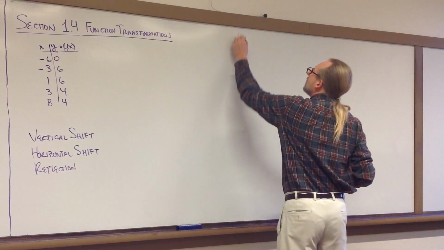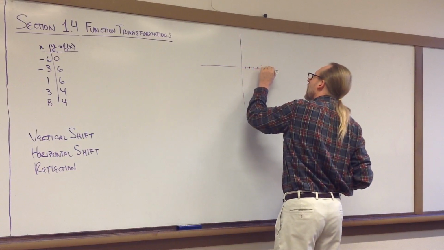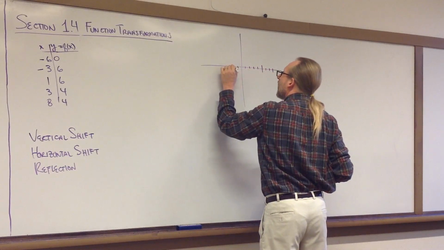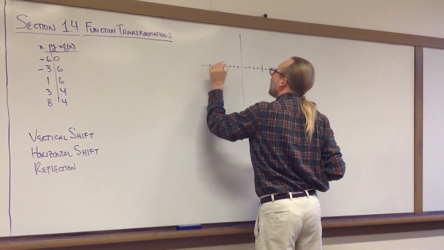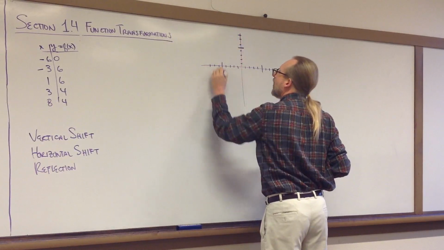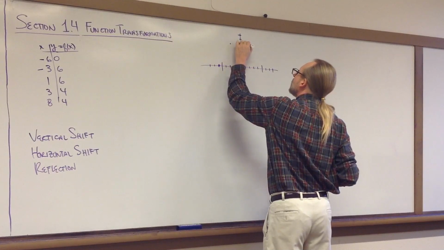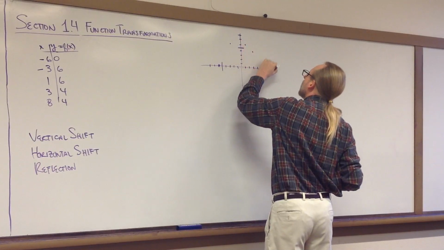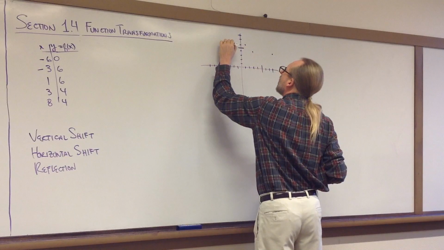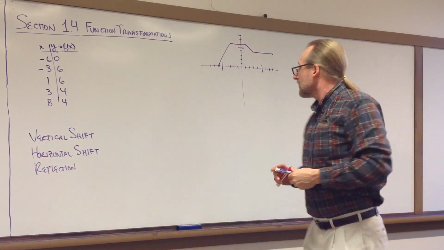So let's make our function again. Okay, so negative 6, 0, negative 3, 6, 1, 6, 3, 4, and 8, 4. So there's our function.